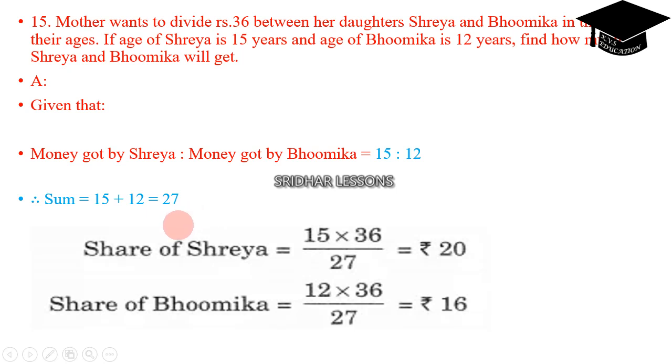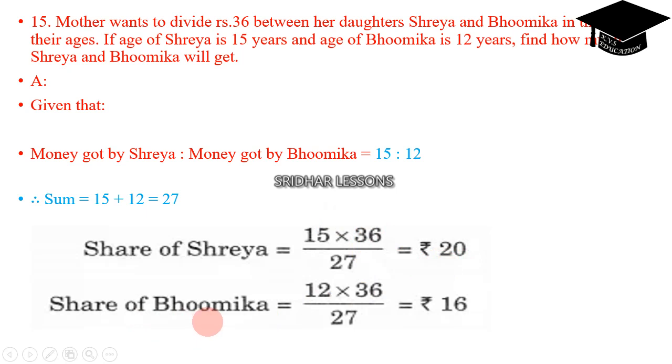So, share of Shreya is equal to 15 by 27 into 36. If we simplify this one, we will get 20 rupees. Because 3 cancels here 5 times and 3 cancels here 9 times, and 9 cancels further 36 into 4. 5 into 4 is equal to 20 rupees.